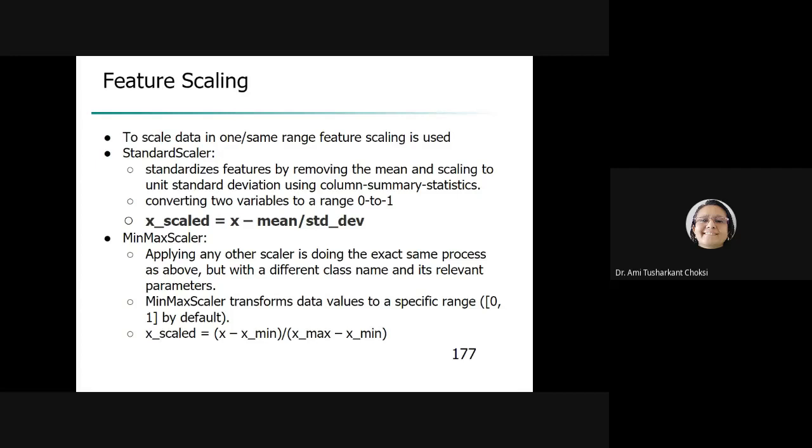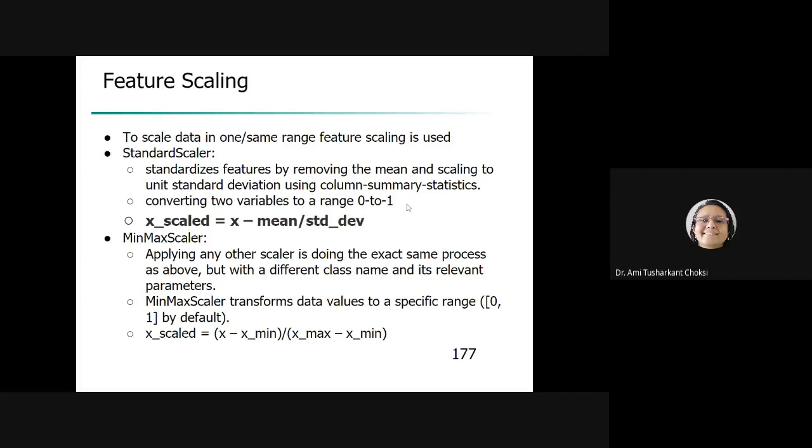First of all, the standard scaler. What is that? It standardizes features by removing the mean and scaling to unit standard deviation using column summary statistics, converting the variables to a standard range.